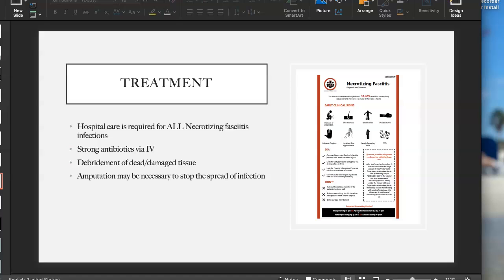Treatment for necrotizing fasciitis does require hospital care. They do try and do strong antibiotics via IV as an antibiotic therapy, pre-debridement of the dead or damaged skin and tissue.